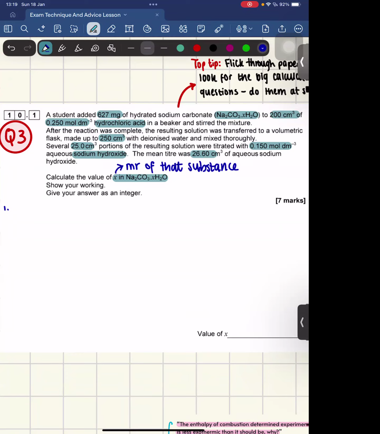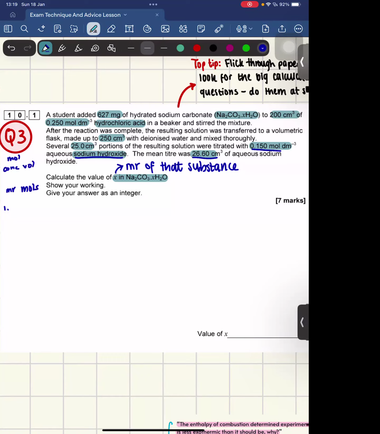The first thing I would do if I was a student answering this question is use my last substance as my starting point. My last substance is sodium hydroxide, and I know that I had 26.6 as the volume and 0.15 as the concentration. So I know that I've got my equation of moles, concentration, volume, and also Mr.